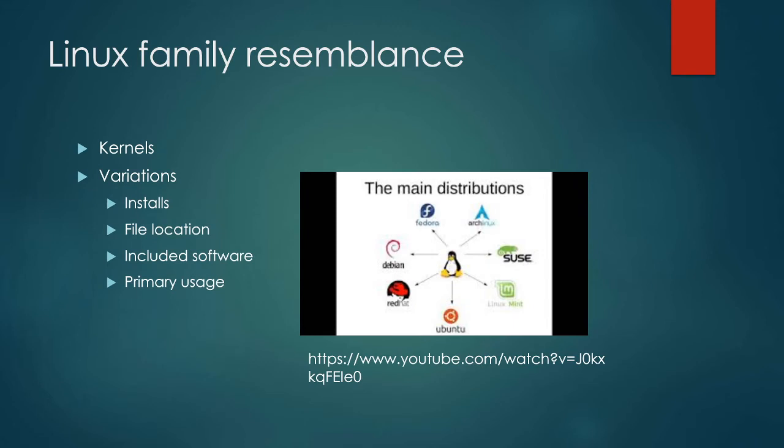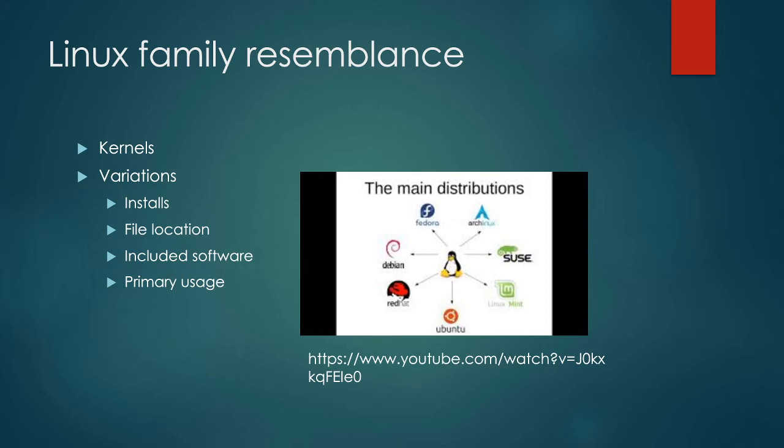Now, the Linux family resemblance. Some of the main distributions include Fedora, Arch, SUSE, Mint, Ubuntu, Red Hat, and Debian. Now, these are all going to be different kernels. And the main variations that you're going to end up seeing is how installs are done, where files are located and which files are there by default, the software that is included, and also the primary usage.